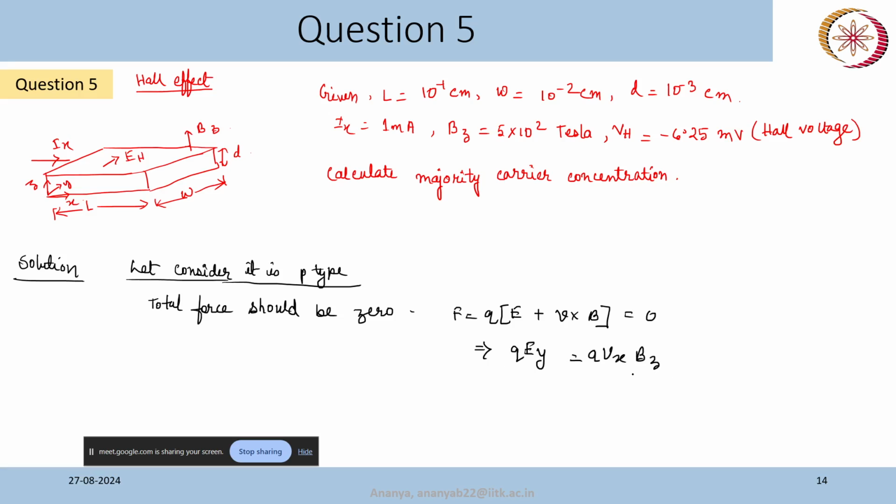So these two forces will cancel each other. Vx means the velocity of the carriers, which is in the x direction. So the electrons or holes are moving in the x direction because current is in the x direction and the magnetic field is in the z direction. Now this is our first equation.